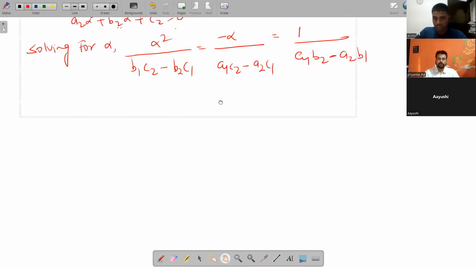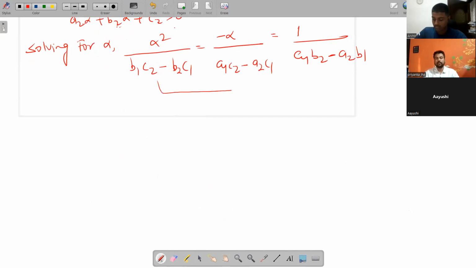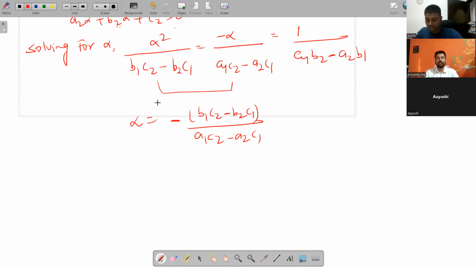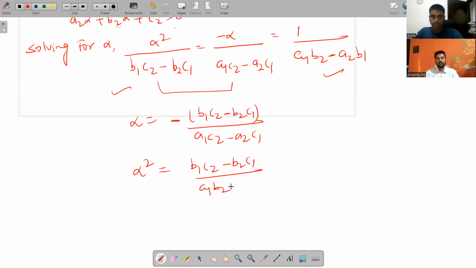Now from these two, we can find alpha, as alpha will be cancelled. So alpha can be written as minus (b1 c2 minus b2 c1) upon (a1 c2 minus a2 c1). And from first and third, we can write alpha squared as (b1 c2 minus b2 c1) upon (a1 b2 minus a2 b1).